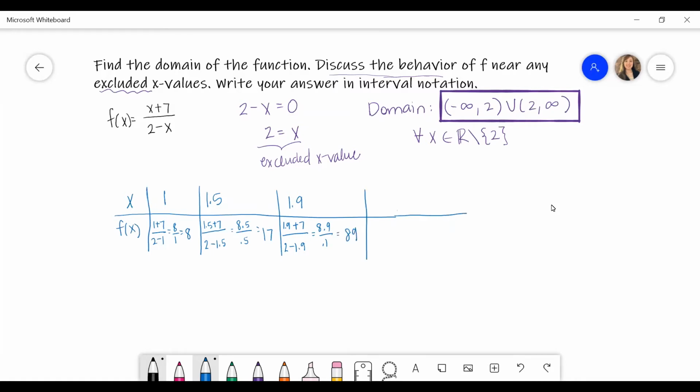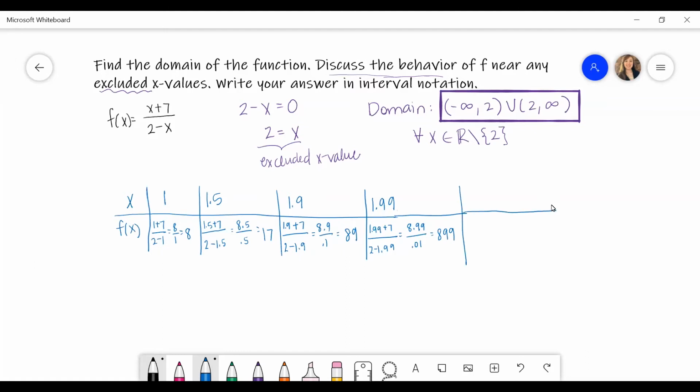And I'd say maybe 4 or 5 values like we did in the previous one is a good idea. 1.99. So we get 8.99 divided by 0.01, which I'm sure you can guess. Maybe don't guess, maybe double check it on a calculator or do your division.